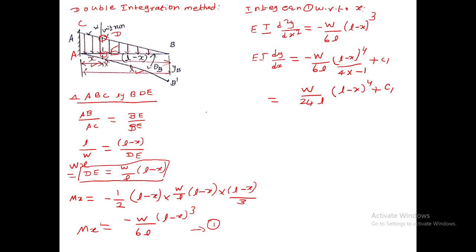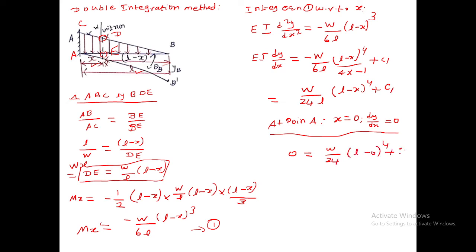At point A, boundary condition: x equals 0, slope also 0, dy by dx is 0. So 0 equals W divided by 24L into L minus 0 power 4 plus C1.